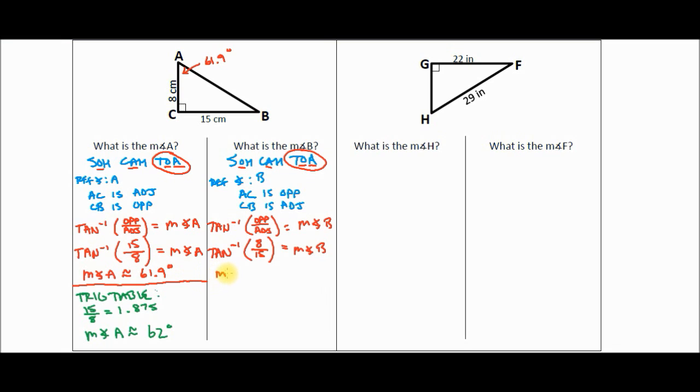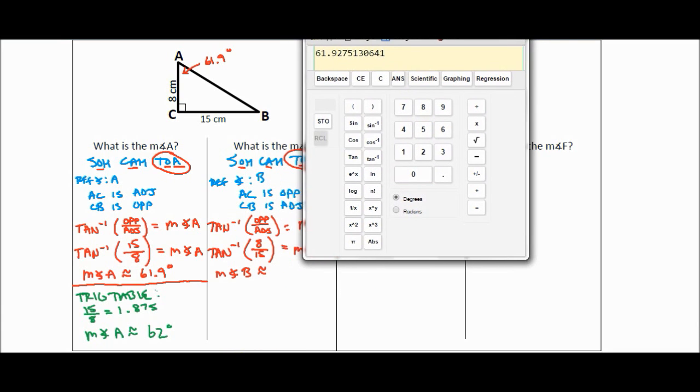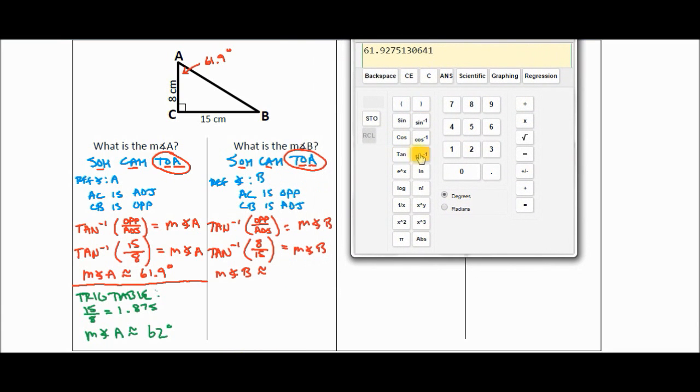All right, let's plug this into our calculator, and the measure of angle B is going to be approximately, let's slide this over a little bit. We've got inverse tangent of 8 divided by 15, close our parentheses, and we have 28.07.